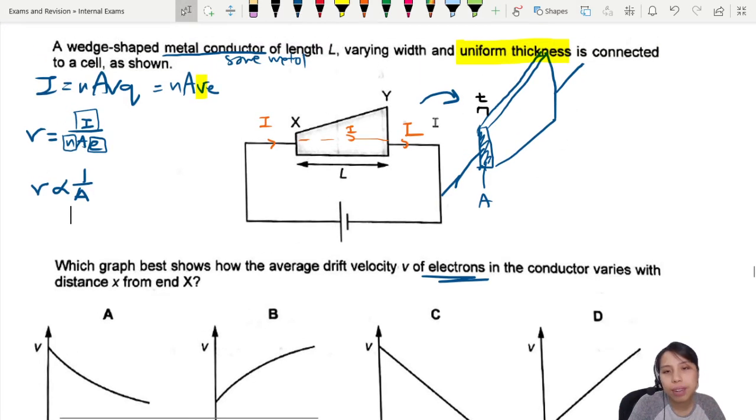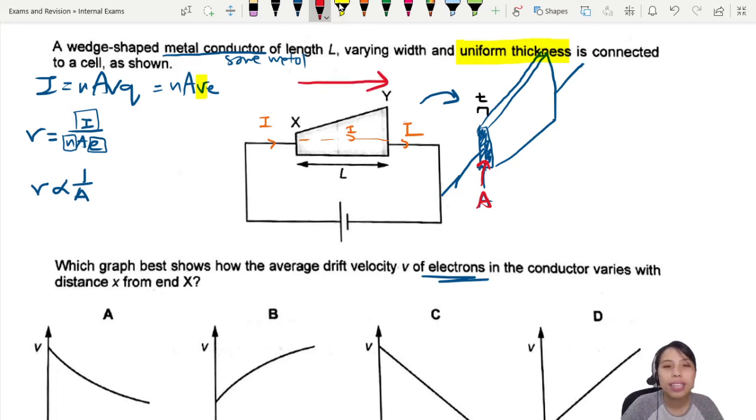Then you look at this graph. As you move from left to right, is the cross-section area increasing or decreasing? You see the area here at first is small, but it's getting bigger and bigger as you move from X to Y. So area is increasing. Maybe you can write that down first.